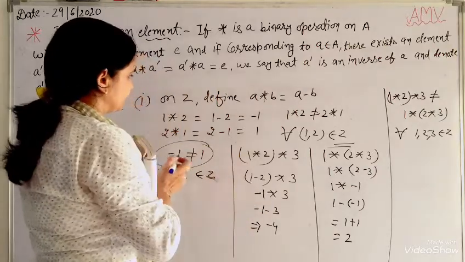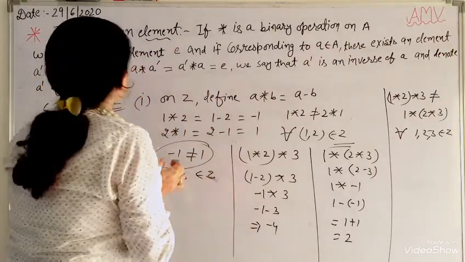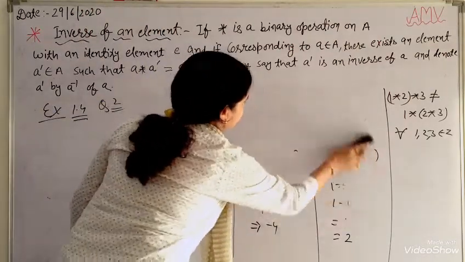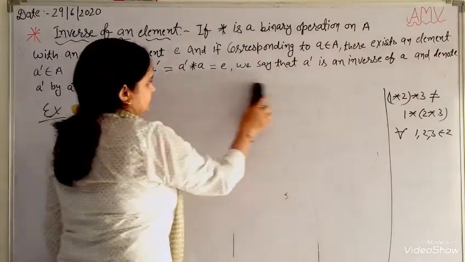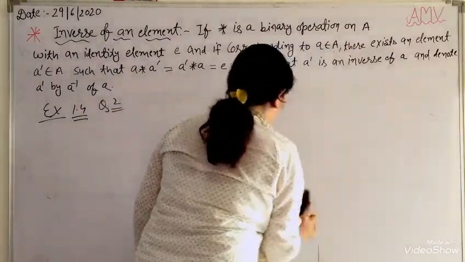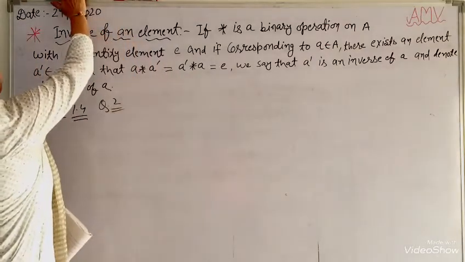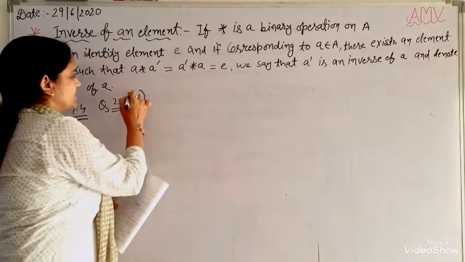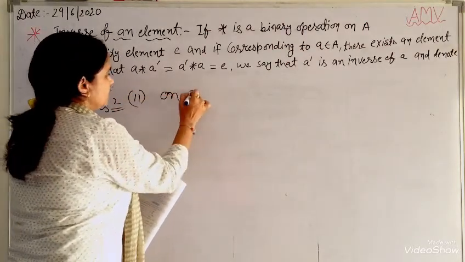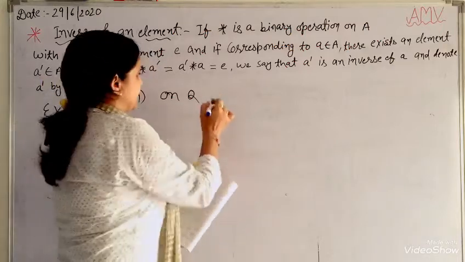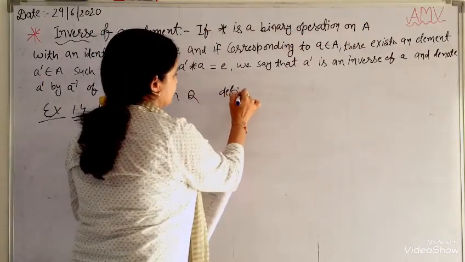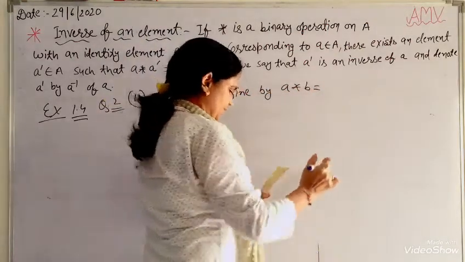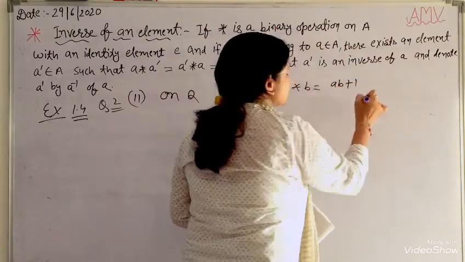Next is, students, the second part. It is on Q and defined by a star b is equal to ab plus 1.